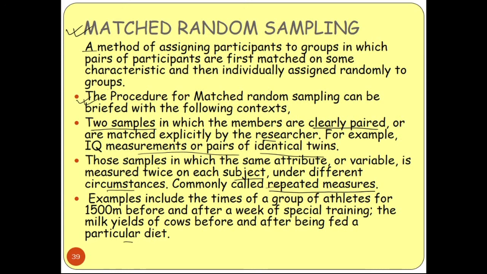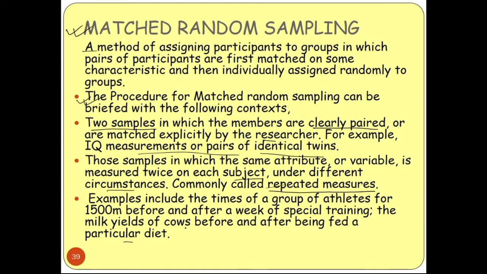Before training you can select some athletes, and after providing the training, with lots of effort, you get those persons again. This is also an example of matched random sampling.